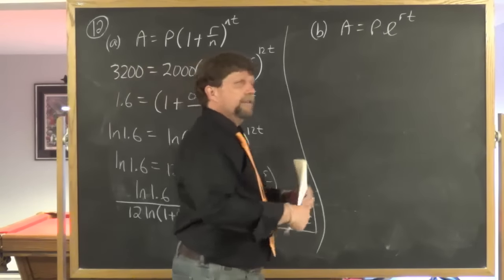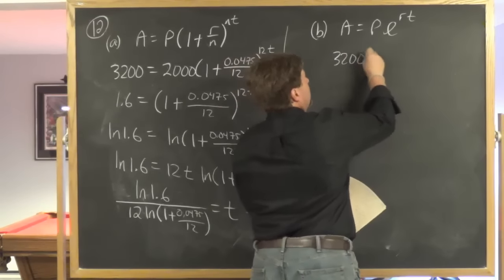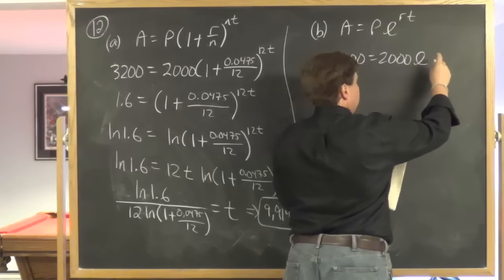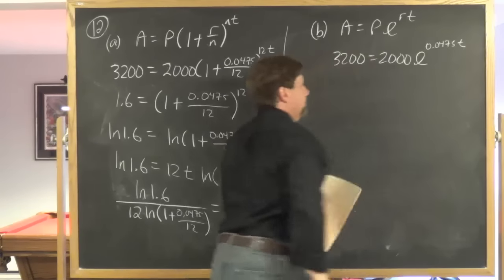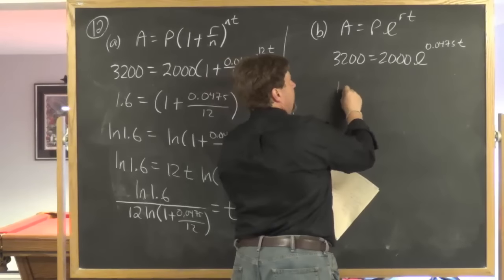Part B, see, all the numbers are still the same. A is still 3,200. P is still 2,000. The rate is still 4.75%. And my first step is still the same: divide both sides by 2,000.